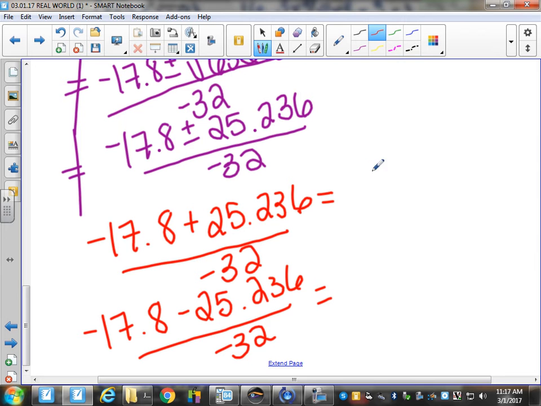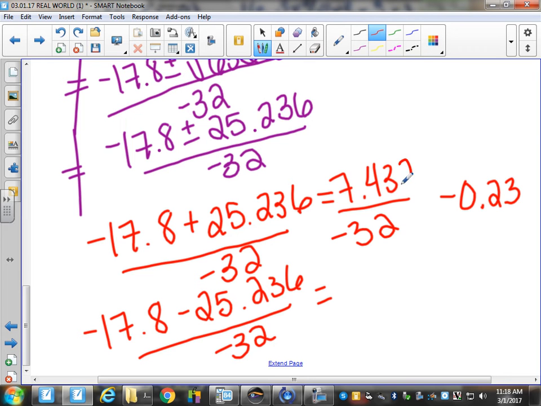What did you guys get for the first one? What'd you get? What did you get for the numerator? Negative 17.8 plus 25.236 is 7.436.